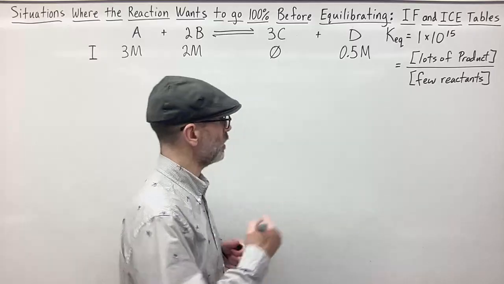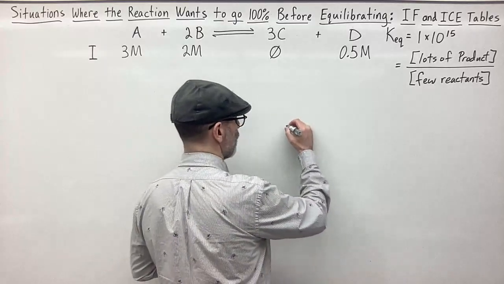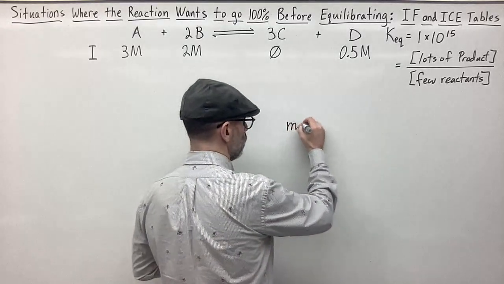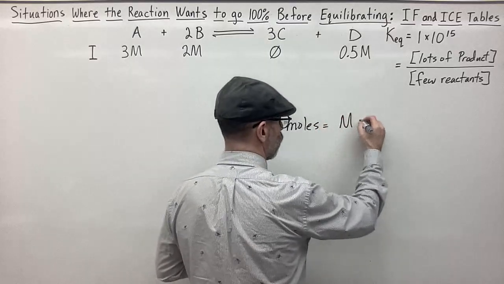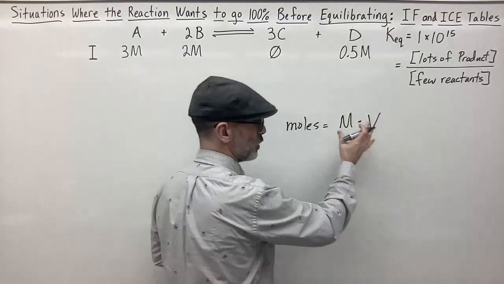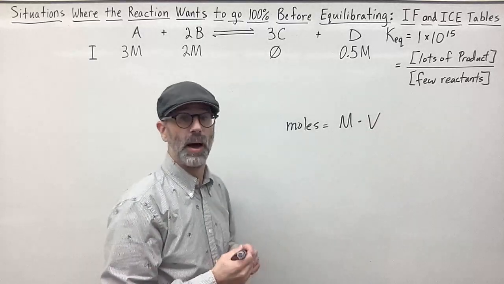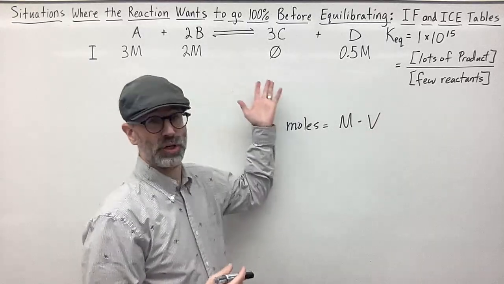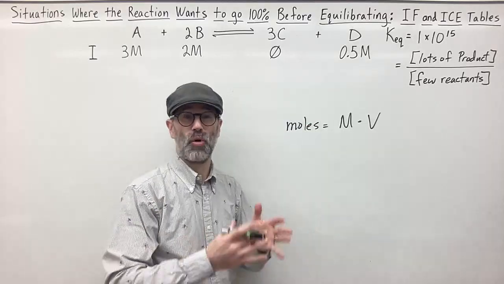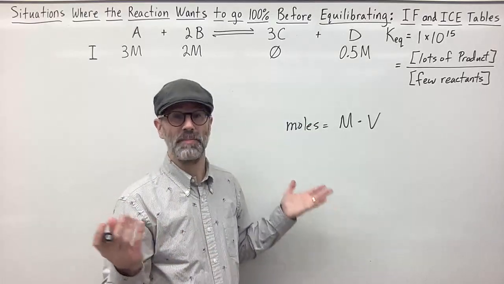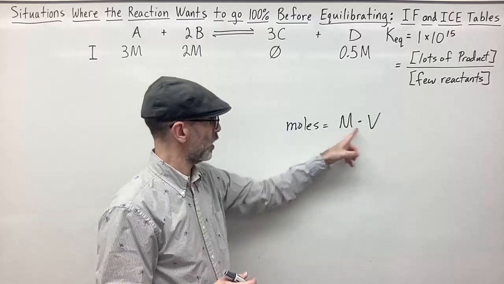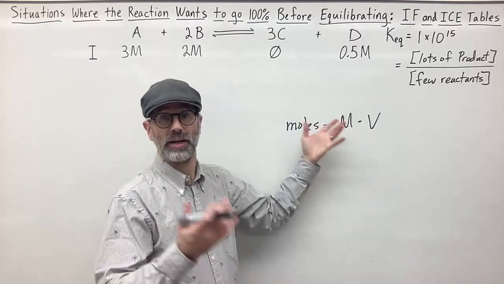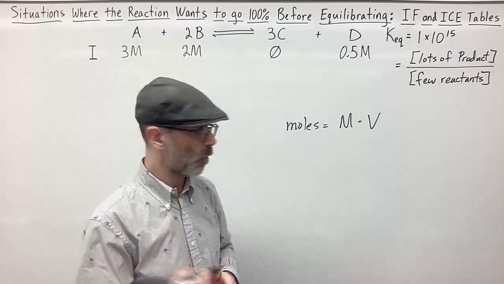So moles is equal to the molarity times the volume. You'd have to do that calculation first. But since I'm going to assume that the solution is 1 liter, the volume is 1, so multiplying by 1 just gives me the same number in moles.